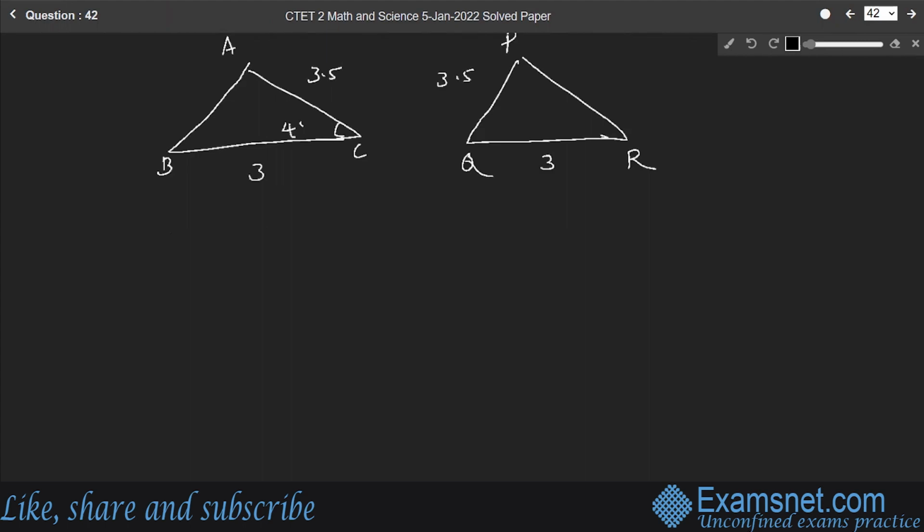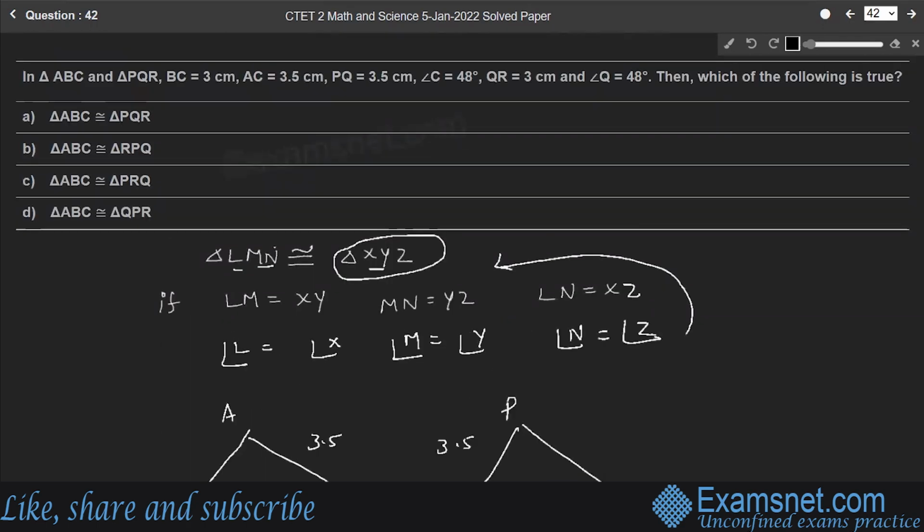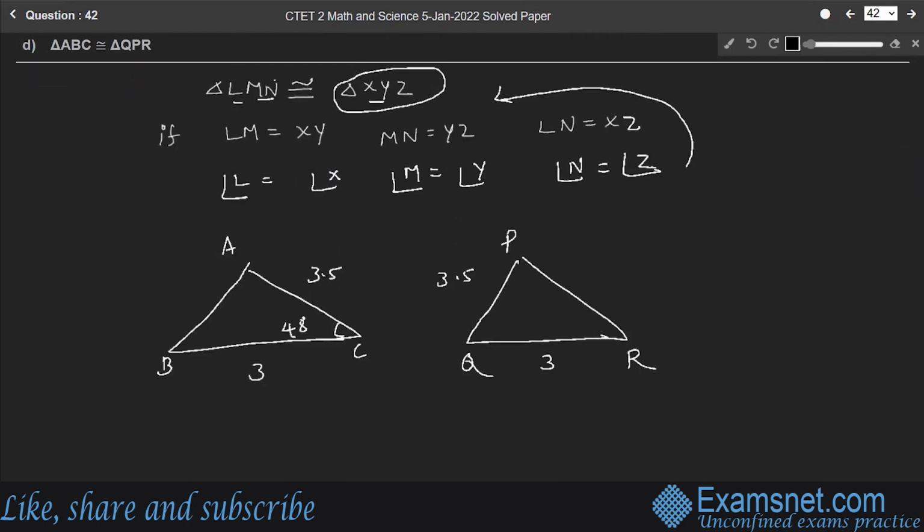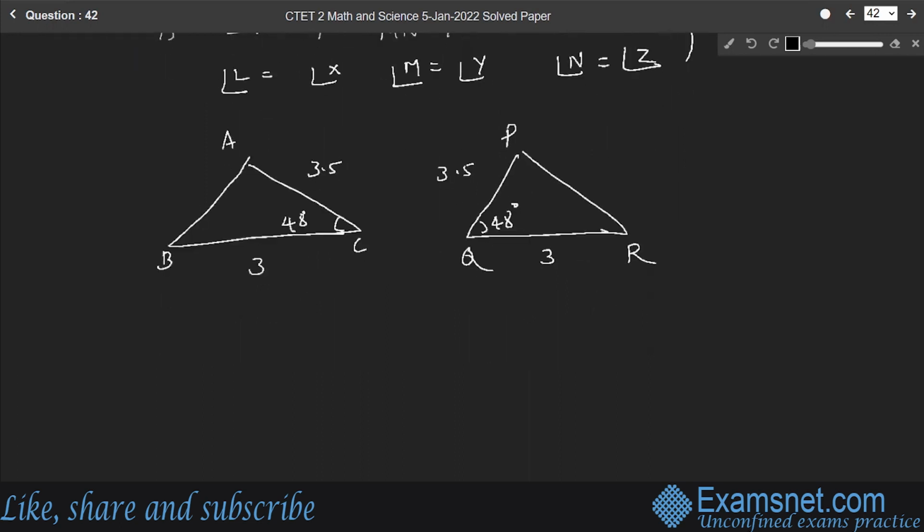Angle C is 48 degrees and angle Q is 48 degrees. Right. So here AC is 3.5. So the order should be, in case of triangle ABC, AC is equal to PQ. So P and Q in between R.